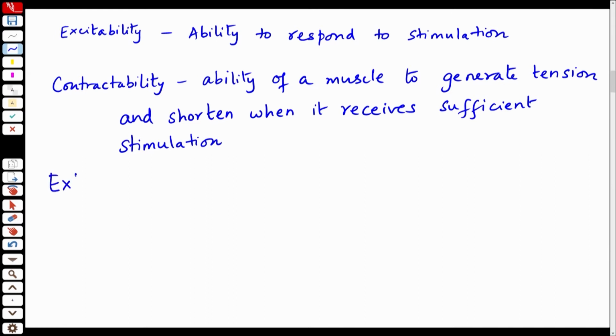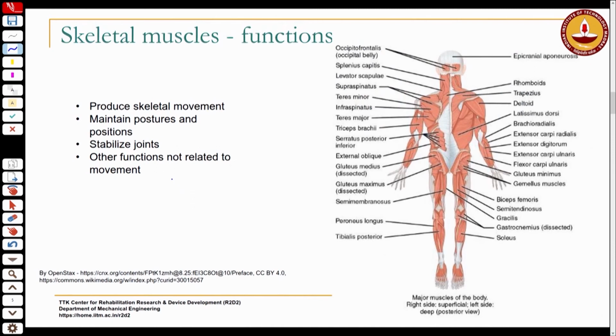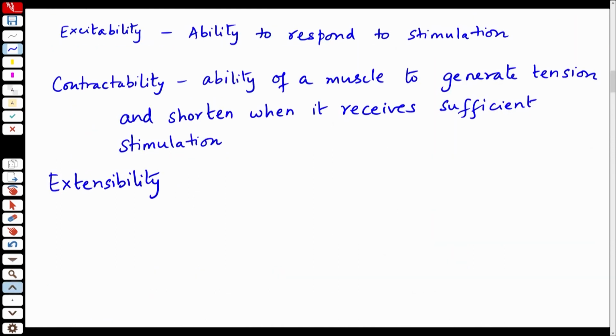The next property is extensibility. So, this is the ability to lengthen beyond the resting length.